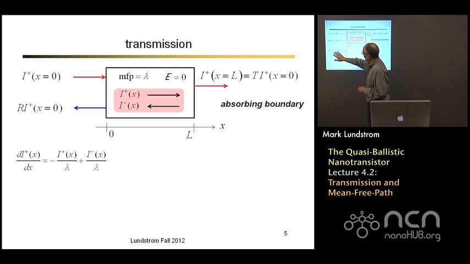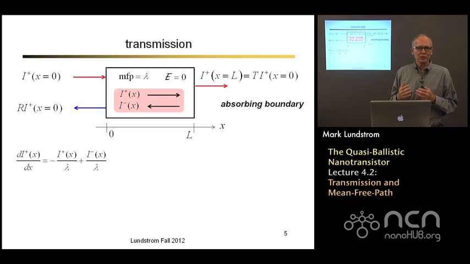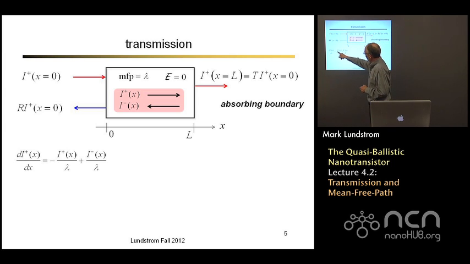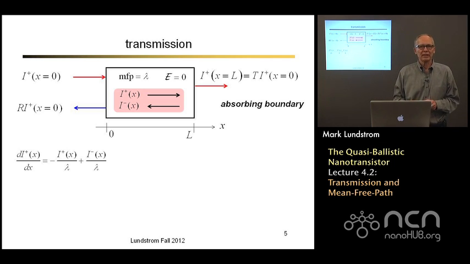If I ask how the positive flux varies with position inside the slab, you can see that backscattering is going to reduce the positive flux because it'll make it a negative flux. So I'll have minus the positive flux divided by the mean free path. I'll interpret this as the probability per unit length that a positive flux is converted to a negative flux.